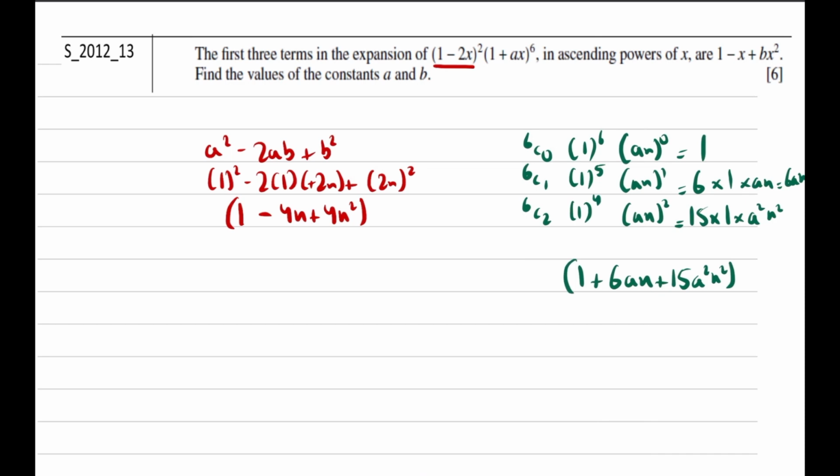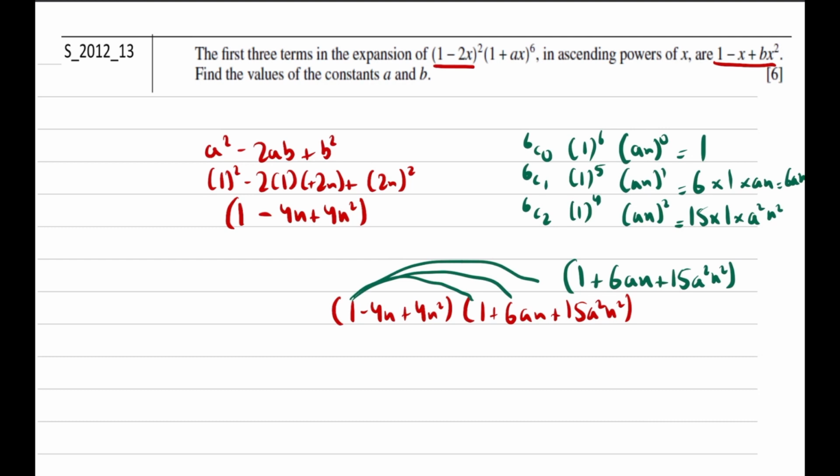Now I need to multiply these two and get an answer in this one. So (1 minus 4x plus 4x square) multiplied by (1 plus 6ax plus 15a square x square). Now let's begin. Guys, can I multiply this 1 with this, this and this? So it's going to be 1 plus 6ax plus 15a square x square. Good. Now 4x I can multiply with this and I can multiply with this.